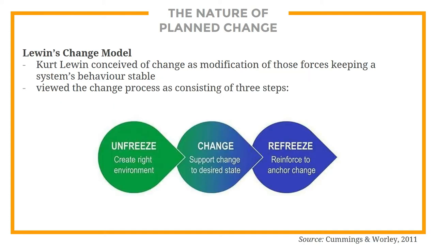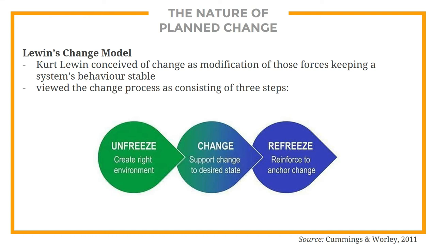Let's take a look at Lewin's change model. Kurt Lewin conceived of change as modification of those forces keeping a system's behavior stable. Specifically, a particular set of behavior at any moment in time is the result of two groups of forces. What are those groups? Those striving to maintain the status quo, and those pushing for change.